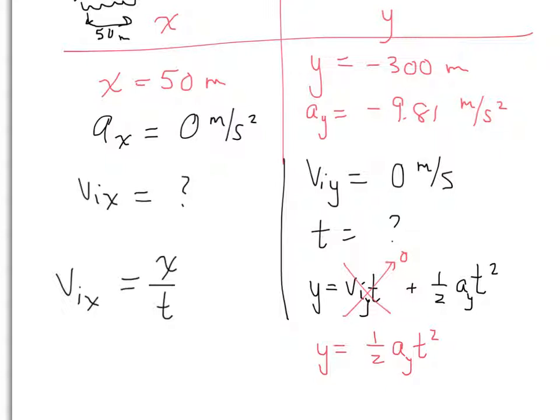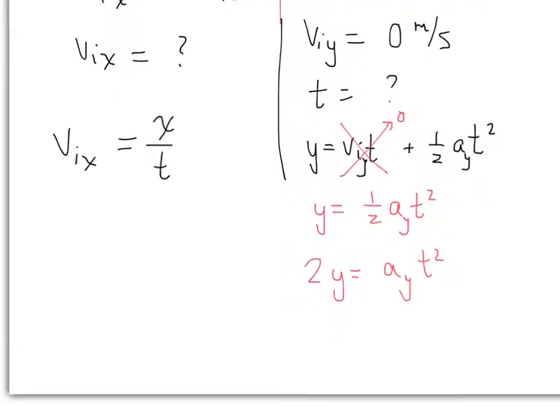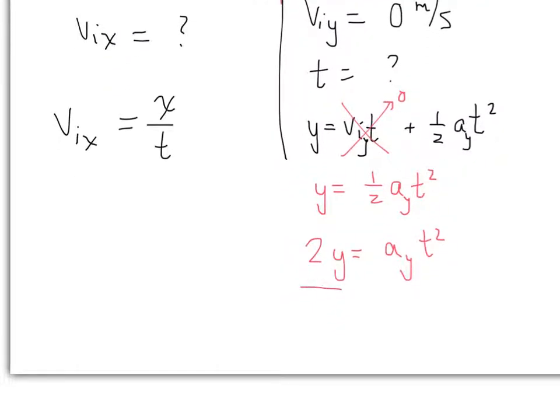How do I get rid of the a, the acceleration? Divide by a. So let's multiply by 2, making this 2y equals a t squared. Then divide by a, giving me t squared equals 2y over a.